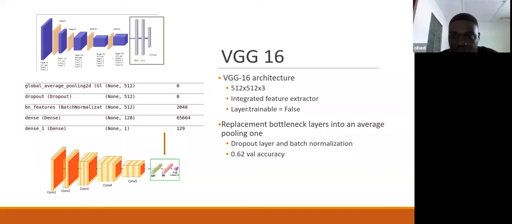So the simple baseline model I did was on the grayscale. This time around, I used an RGB one, and on the simple model, I did 224 by 224. This time around, I decided to increase it to 512 by 512, and it really took some time. The speed reduced actually.